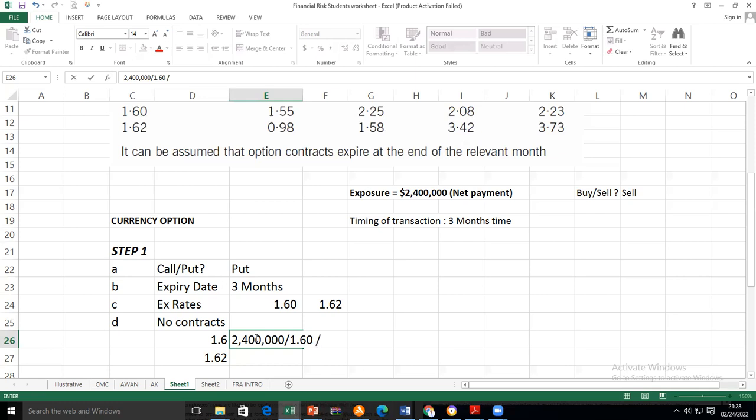Then you divide again by the contract size, 62,500. So the first conversion that you do here, you are converting these to pounds. When you divide by this now, you want to find the number of contracts. And now here is the rule. Whatever number you find, just round it down.